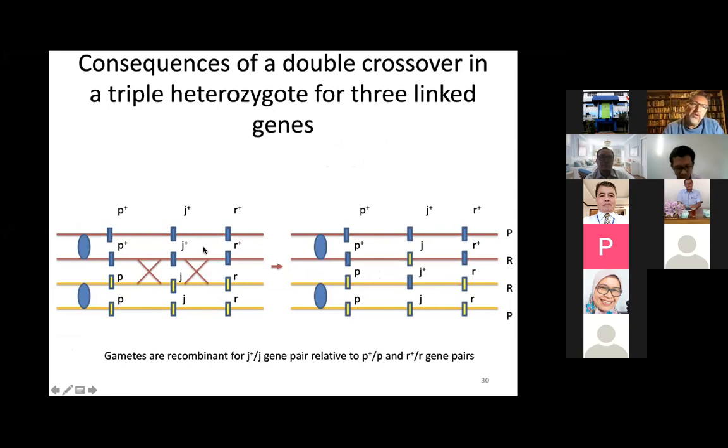So when we have three genes like this, we can consider recombination in region 1 and region 2, and then the whole segment. Okay? So let's see how we can deal with that.